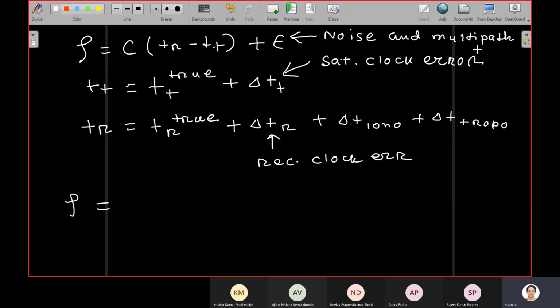Okay, multipath actually affects this TR. I have not included that here. That's why I have put noise and multipath here in Excel. So if we substitute for TR and TT here using this, we have different components.